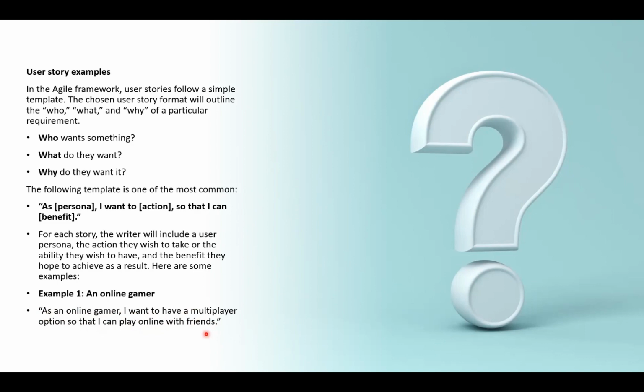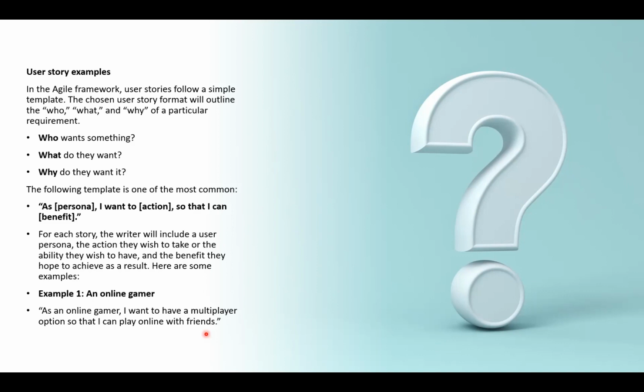Ernest has put something in the chat. As a healthcare worker, that's a persona now, I want to see the available shift so that I can request a shift. You get the point. Princess says, as a carer, I want an app. No, the app is the big umbrella.